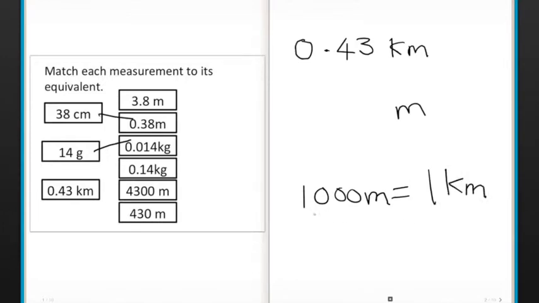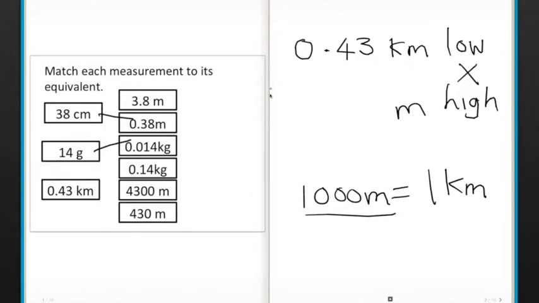So high voice, high number, low voice, low number. We are starting with low voice, low number, and we want to go to high. To get from low to high, you multiply, and we're going to multiply by 1,000.